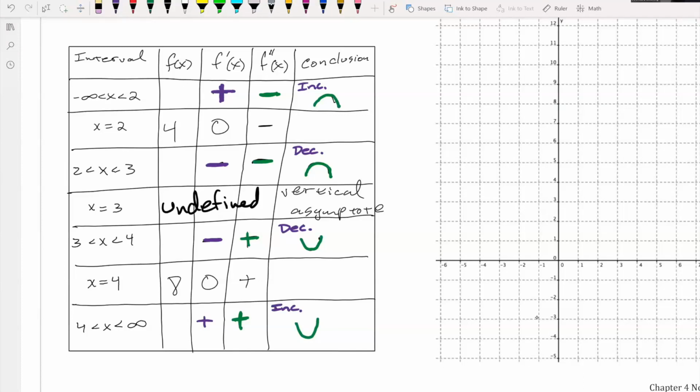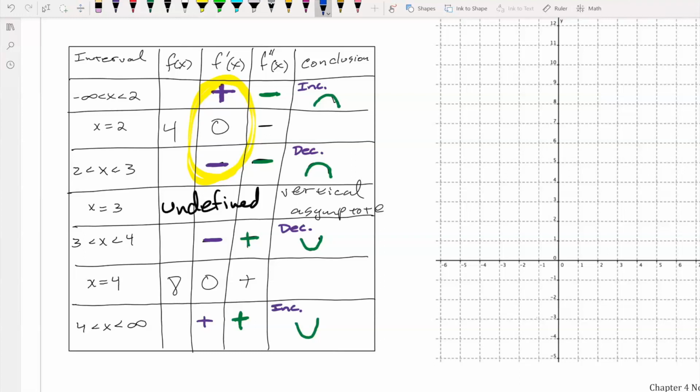Now, I want to know what's happening at our 2 critical points, right? And so if you look at this region here, purple, this is the first derivative test. We're going from increasing, right? Positive purple first derivative to 0 slope to negative. That means that we have what happening at x equals 2?